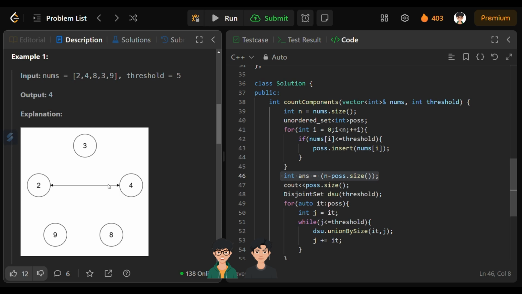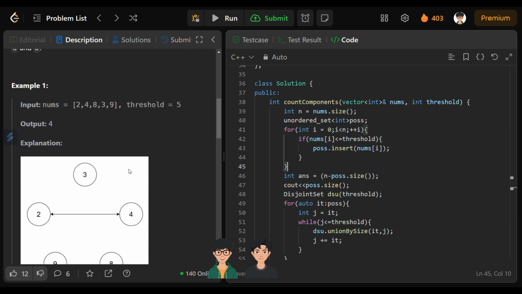And while doing this, DSU is a very effective data structure with almost O(1), constant complexity, which gives us the connected components. We are using DSU to create the graph and then check the connected components in it.